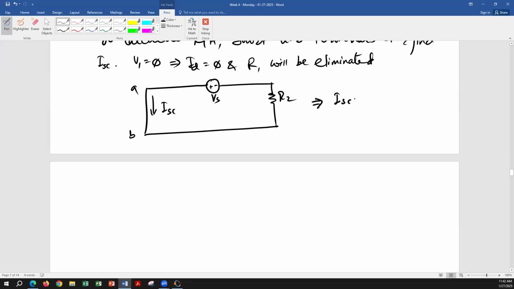So I short circuit will be equal to VS over R2, 50 microampere, which implies R Thevenin, which will be V open circuit over I short circuit, or V Thevenin over I short circuit, 49.62 ohms.